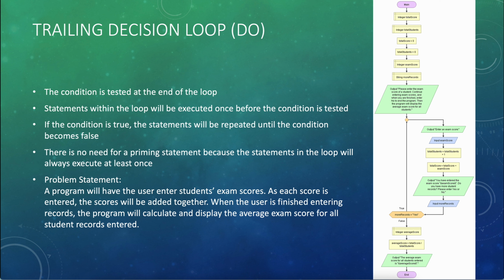In this case, because the statements will run one time before checking the condition, we can simply collect that input as part of the loop. We don't have to have it before the loop.